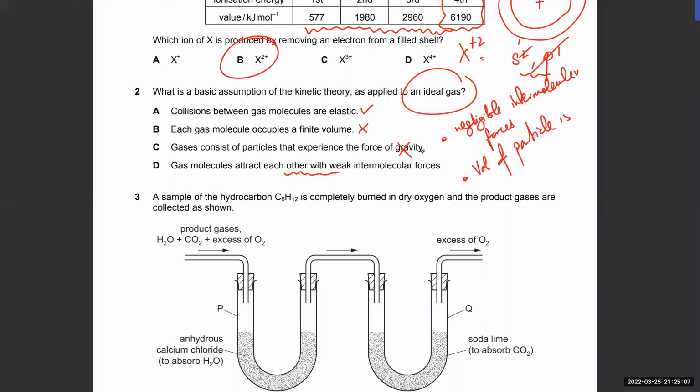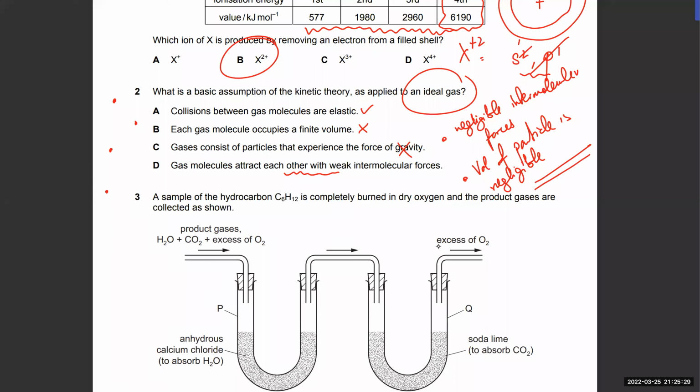Whenever you have a gas, the particles are far apart. When you talk about the volume of a gas, it's mostly empty space. The particles themselves don't have much volume, so their volume is negligible compared to the volume that they end up occupying. These were the two main assumptions.